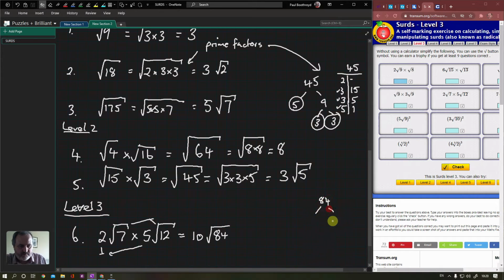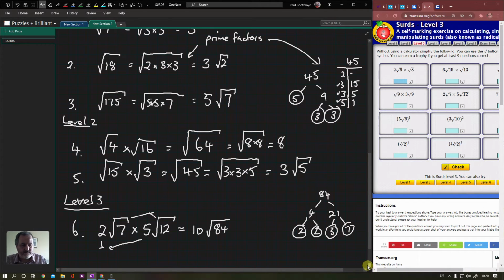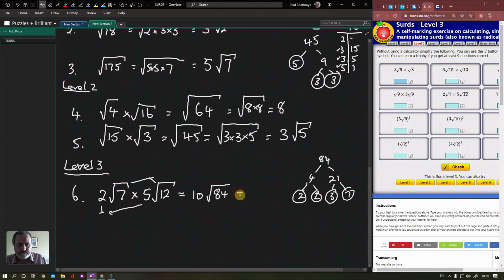Off the top of my head, I don't know what 84 is, so let's do prime factor decomposition. I know it will divide by 4. So we get 2 and 2. 4 times 21. 21 is 3 and 7. So now I've got some numbers I can take out. 10 times the square root of 2 times 2 times 3 times 7.